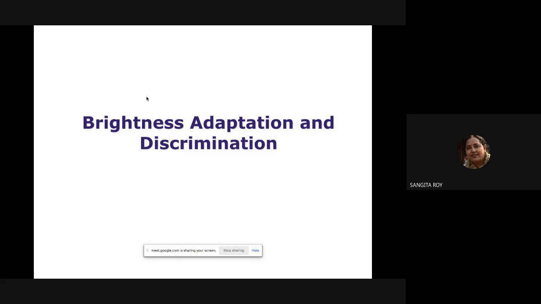The human visual system is the eye. So we have to know what exactly the human visual system is and how we visualize an image.